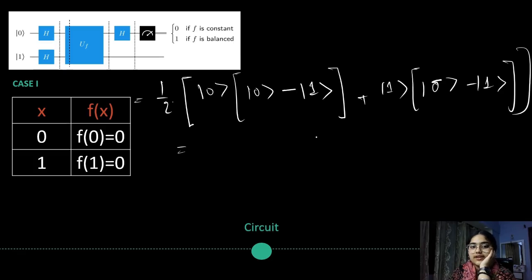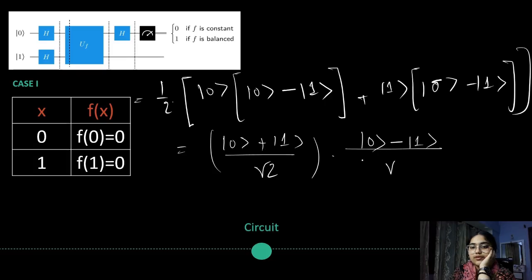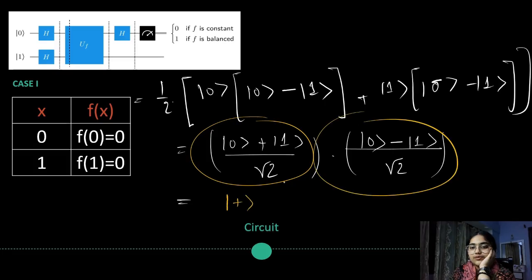Arranging it, we get gate 0 minus gate 1 by root 2, into gate 0 minus gate 1 by root 2. We denote this by gate plus, and this by gate minus.